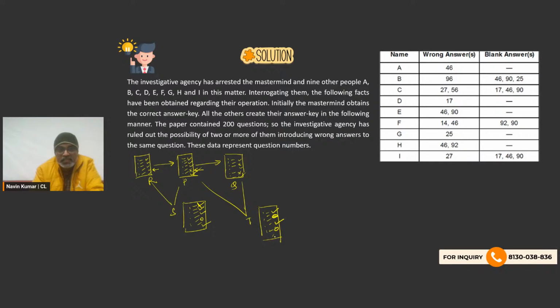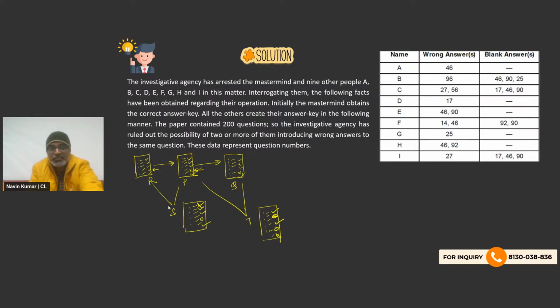And the last one, they are going to keep the same. And then he will make a mistake of his own. So let's say he makes a mistake in the fifth one. So depending upon which question numbers are common, which are left blank, and which questions had wrong options, these all will matter a lot in order to identify who is the source of whom.